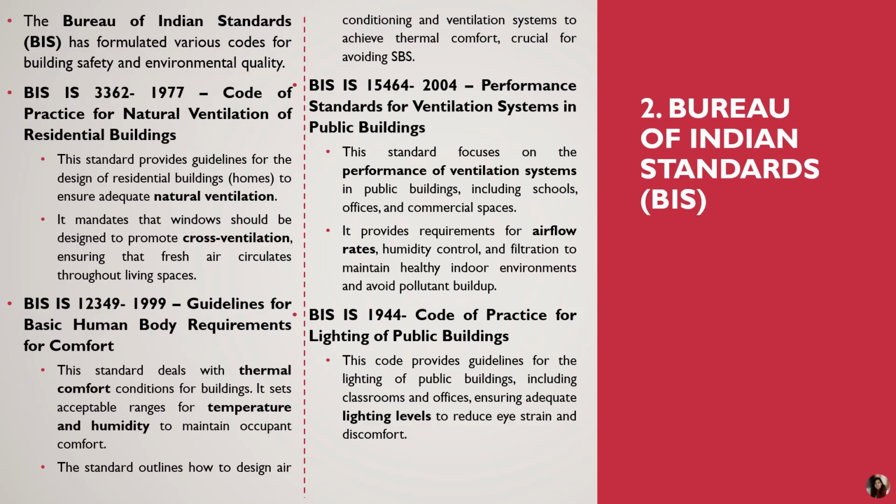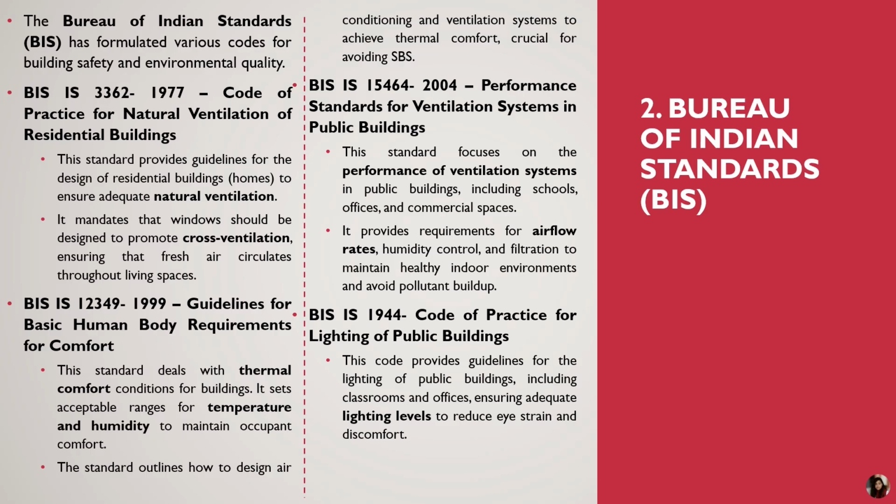Next is the Bureau of Indian Standards. There are also several sections such as 3362 of 1997. This code of practice for natural ventilation provides guidelines on how to incorporate, design and promote cross ventilation.